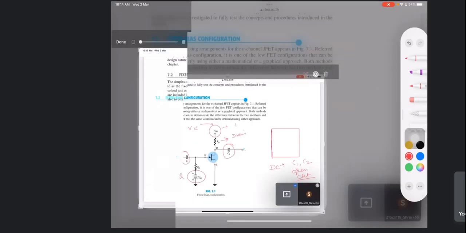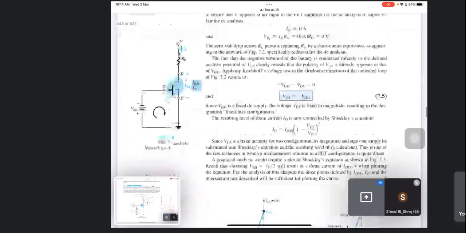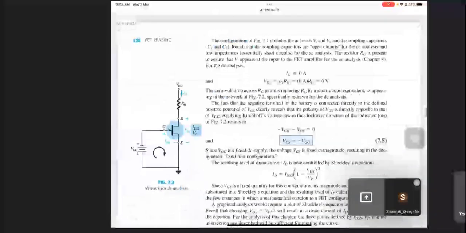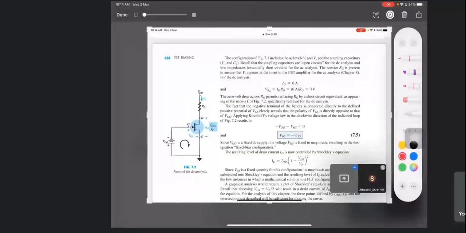So we have this capacitor which is open circuit, this capacitor which is open circuit, and we have this RG. Where does this RG go in the DC circuit?